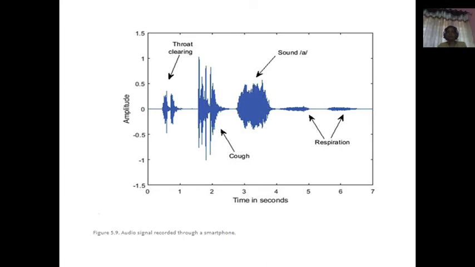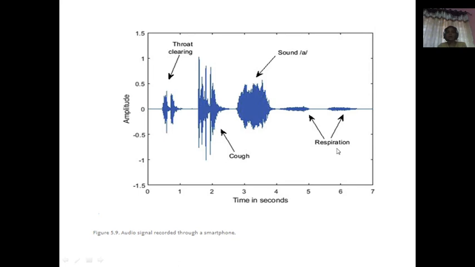For example, say this one. This is an audio signal recorded through a smartphone, or whatever recorded data it may be. By just looking at this, we can see four types of signal variations in the time domain representation: a throat clearing, a cough, a sound, and respiration.